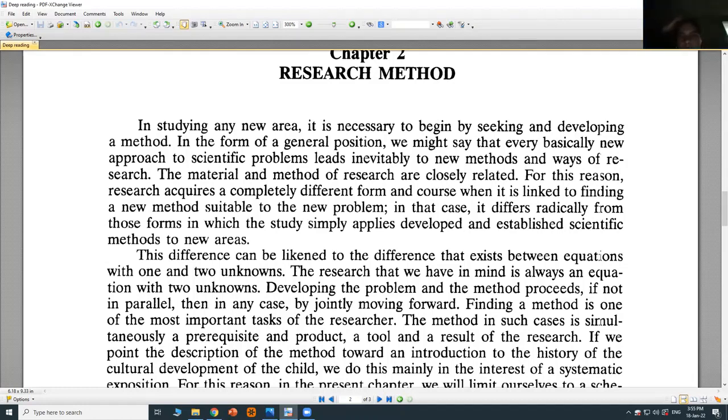Yeah. Now I have one. Please. I'm thinking about the use of the word radically because it comes from root. So the root of the researchers are different.